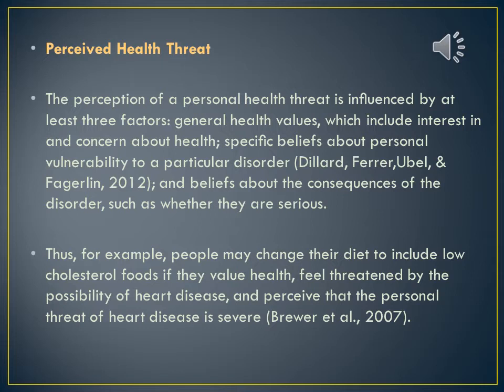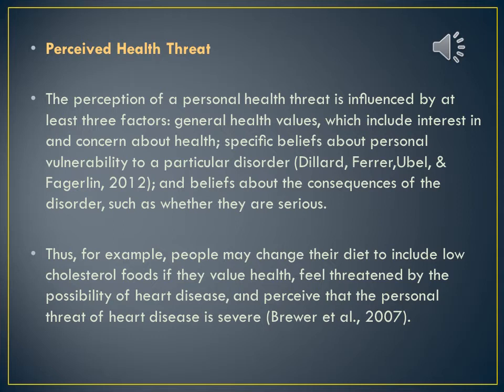For example, people may change their diet to include low cholesterol foods if they value health. Here we have an example of how they value health; it is all related to the general health value. They feel threatened by the possibility of heart disease.